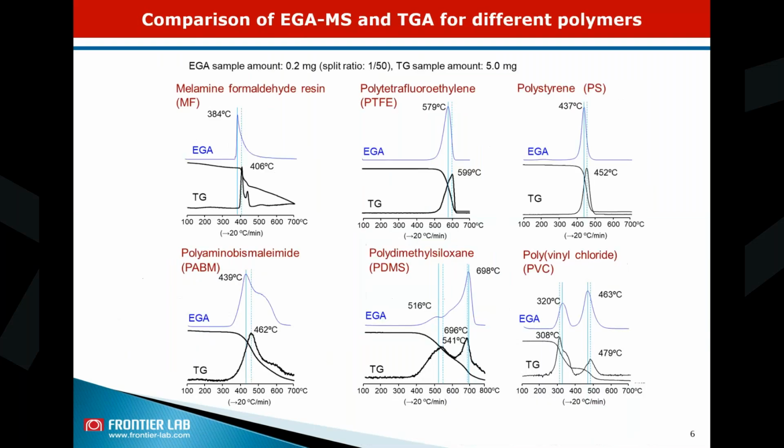So we have compared the TGA and EGA-MS for different sets of polymers. As you know, for TG analysis, we have to take around 5 milligrams, whereas EGA analysis can be performed with 0.2 milligram with a split ratio of 1/50. The reason behind this lower mass is that MS is a very sensitive detector, so we are able to get signal even with small sample mass.